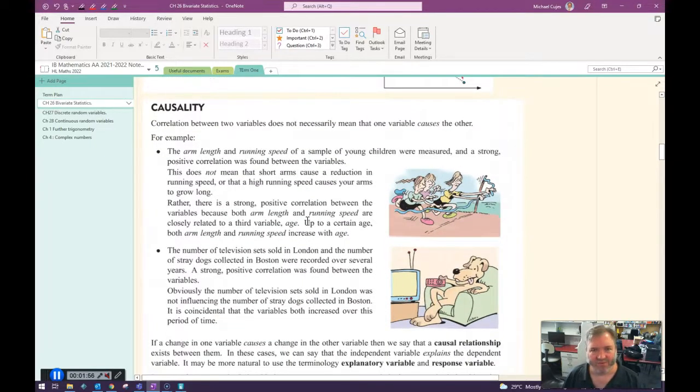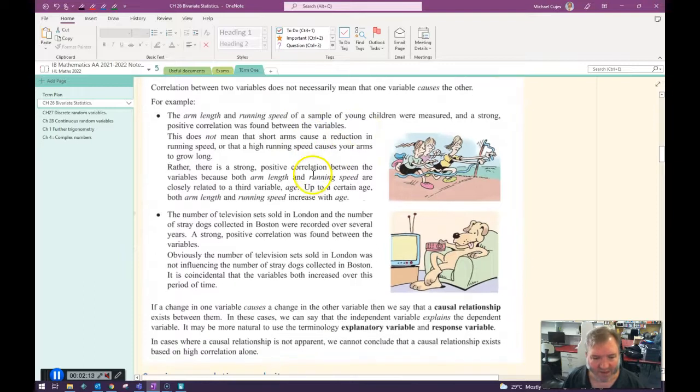Last thing we need to really remember when we're doing causation, and again I'm going pretty quickly because I think we know this fairly well, correlation does not imply causation. For example, arm length and running speed of a sample of children were measured and a strong positive correlation was found between the variables. Okay, there's a made-up example. Another one, the number of television sets being sold in London and the number of stray dogs collected in Boston were recorded over several years, and there's a strong positive correlation.